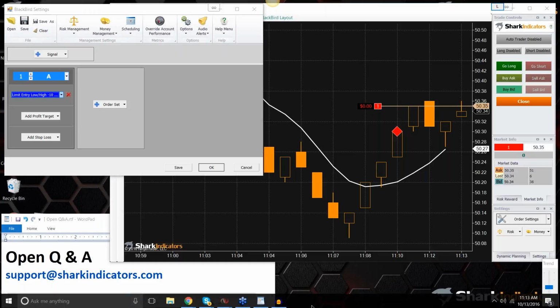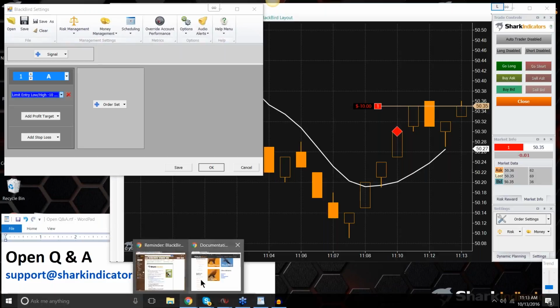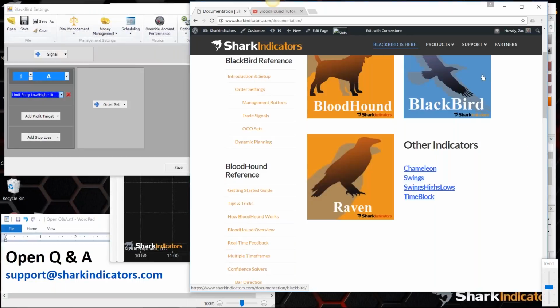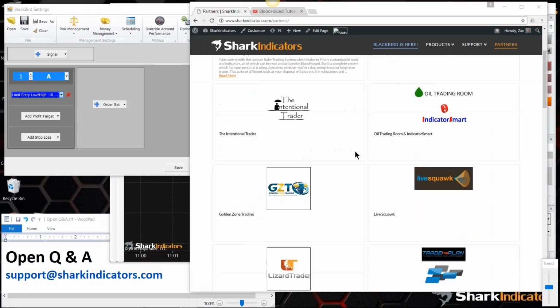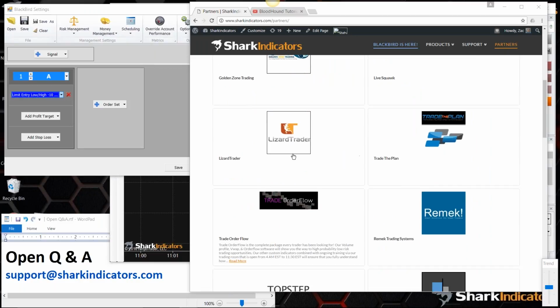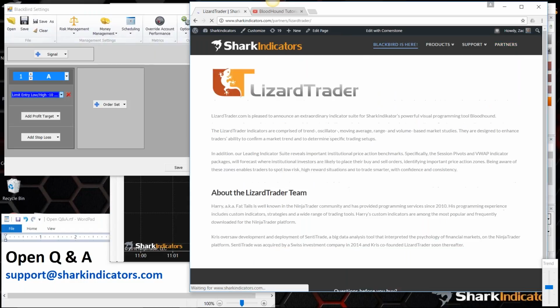I'll just pull this up now. The ANA indicators actually come from one of our partners. If you go to our partners from our website, we want to look for Lizard Trader. So here's Lizard Trader on the left. You can also get them from Futures.io.